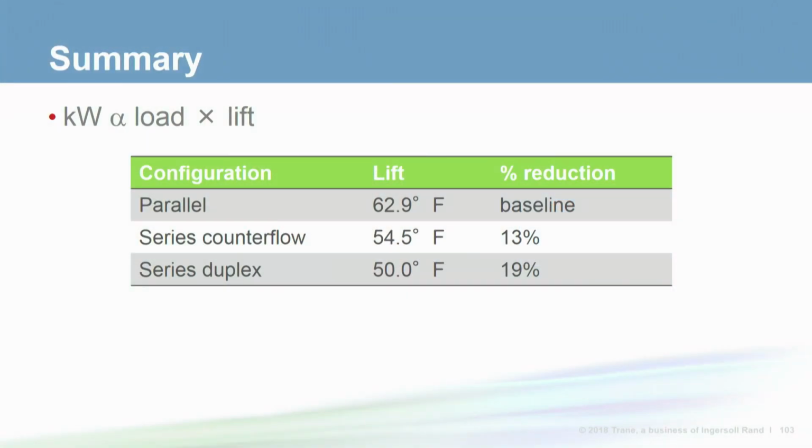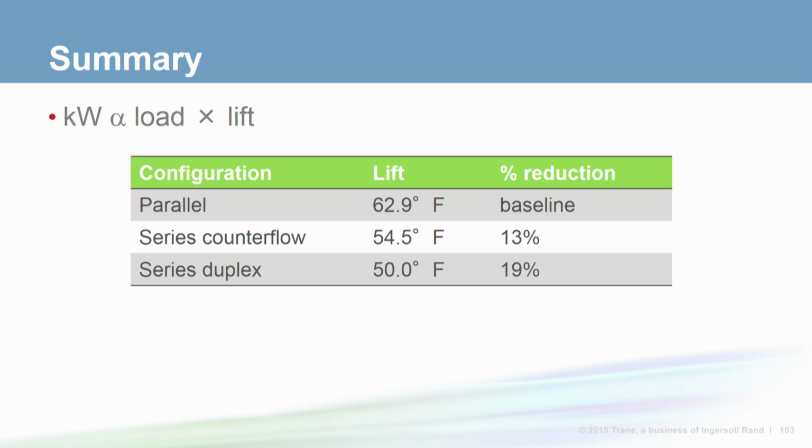To summarize, the amount of energy a chiller consumes is directly proportional to the lift that the compressor has to generate. There are a number of ways to reduce the lift on the chiller, and one of them is to simply stage the equipment in a series counterflow arrangement. Recall that at the design conditions of 37 degrees supply and 98.9 leaving condenser temp, chillers installed in a parallel arrangement have to generate 62.9 degrees of lift.